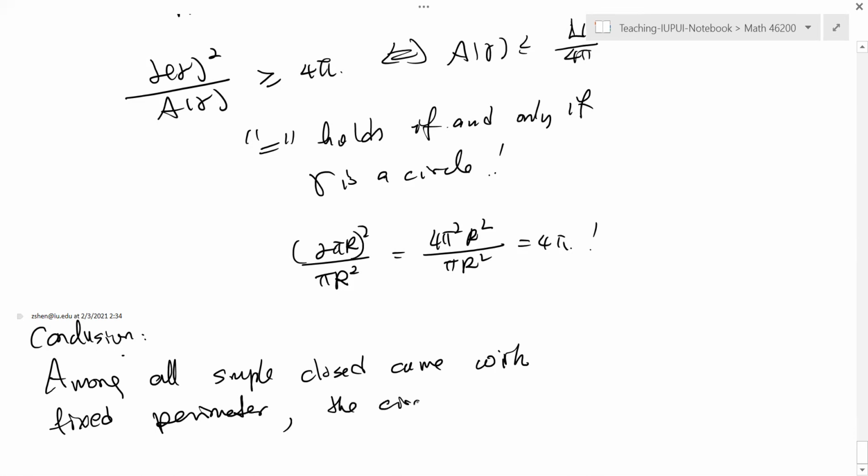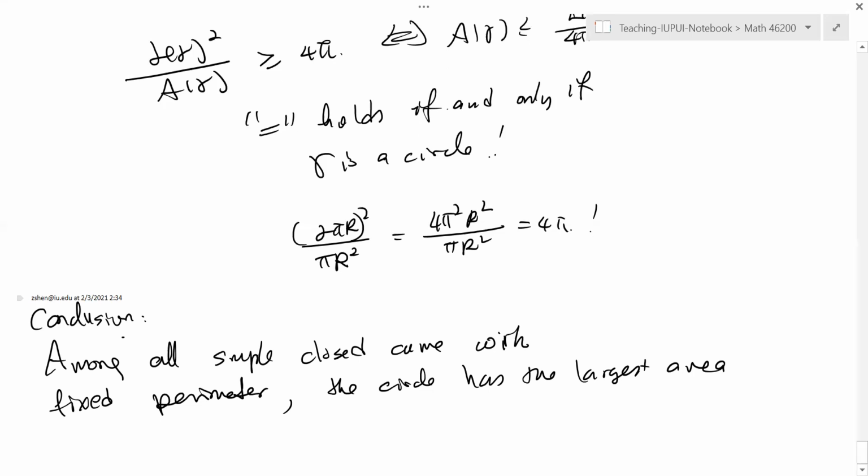The circle has the largest area. Now, probably human beings already know this, but it never gets a proof, right? Never. You have to prove that in mathematics.